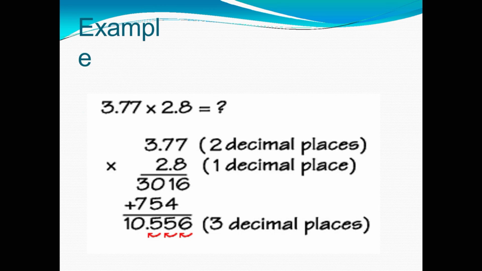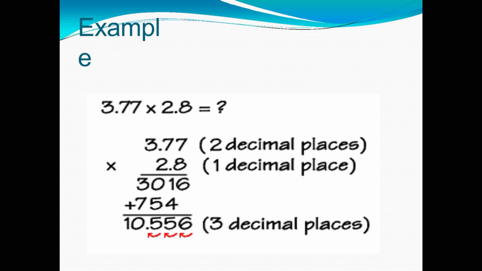As for example, you see 3.77 multiplied by 2.8. In 3.77, there are two decimal places. In 2.8, there is only one decimal place. After multiplying 3.77 by 8, we get 3016. Multiplying by 2, we get 754.